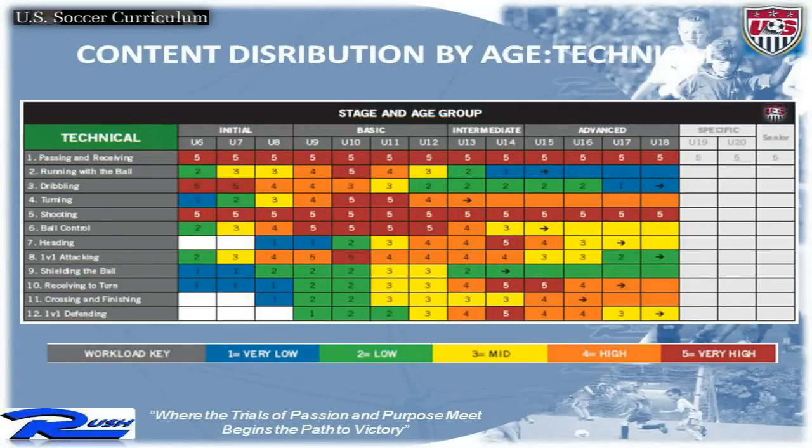So if we look at passing and receiving, and we're taking this fundamental notion from U.S. Soccer for their style of play to involve attacking soccer, quick ball circulation, passing and movement, the passing and receiving has a very high rating throughout.